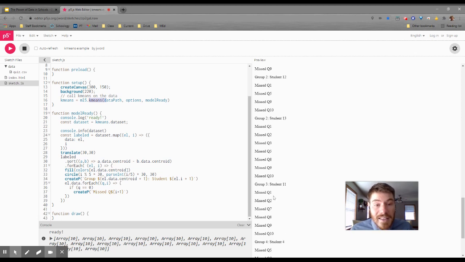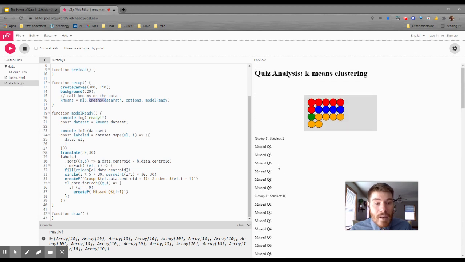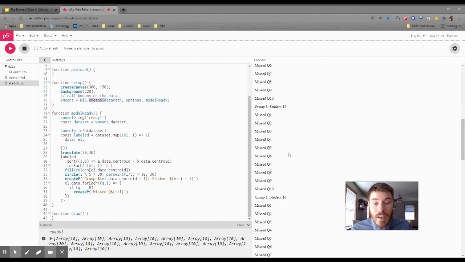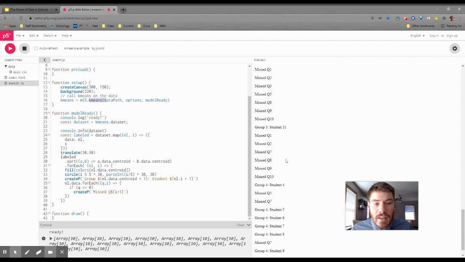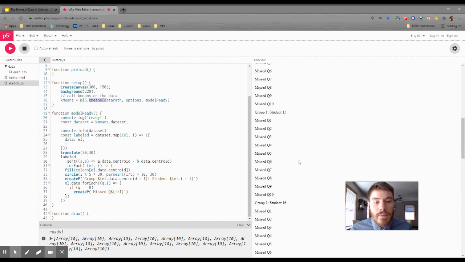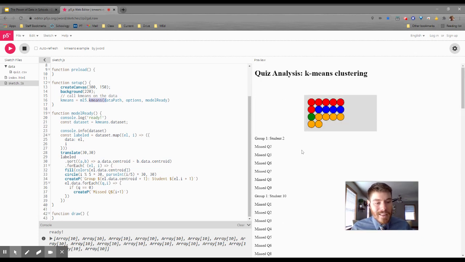But you can see the similarities between the questions that they missed. This also shows that there's one student here that was placed into group 3 that was all by themselves as far as the questions that they missed or not. There wasn't a ton of connection with any other grouping of students, which would be valuable to know, that that's the way they understood the content there.